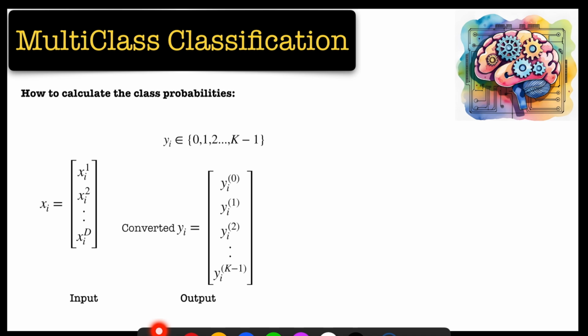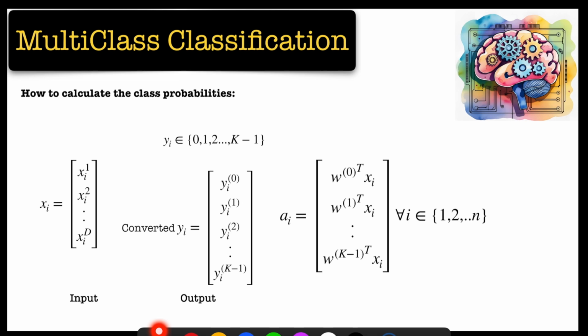First, let's say we have the weight vectors for the different k classes. Using those weight vectors, we'll get some linear continuous outputs, and then we can convert those continuous linear outputs to probabilities. So first we get ai, that is W0 transpose Xi, W1 transpose Xi till Wk minus 1 transpose Xi, for all i in 1 to n. W0 is the weight vector for class 0, W1 is the weight vector for class 1, Wk minus 1 is the weight vector for class k minus 1.